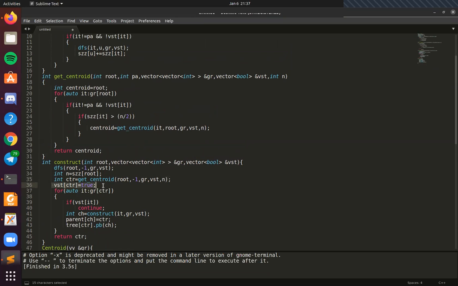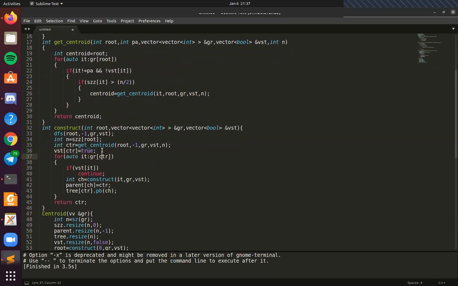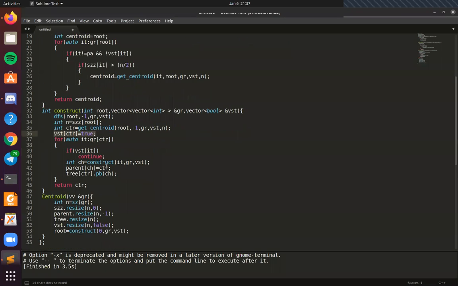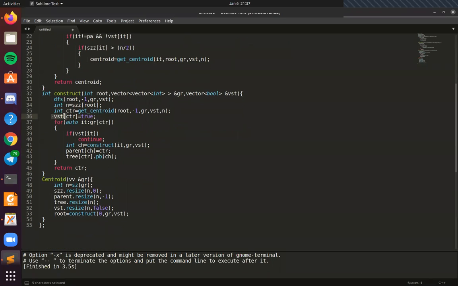So I make a visited array, which remembers that this node has been visited, and we don't visit that node while doing DFS. Then we move to all its children, and all the children separately do the centroid decomposition, and they return the centroid, which I have to connect to the main centroid.